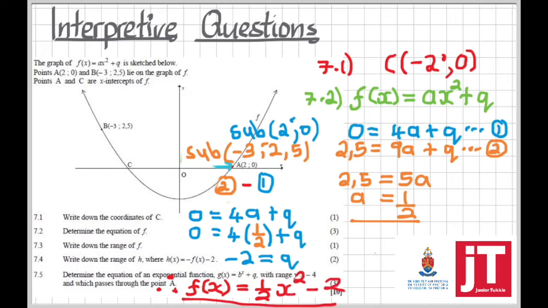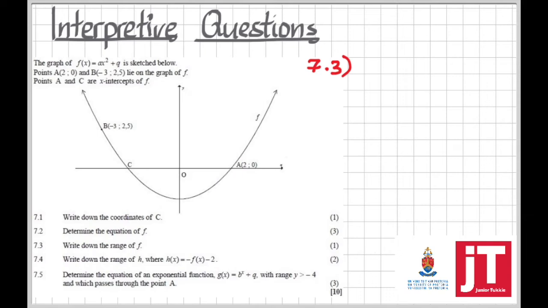We move on to 7.3, the next question. In 7.3, they say write down the range of f. Again, it's saying write down. To determine the range of any parabola, our focal point is always our q value. It would be either greater than or equal to our q value or less than or equal to our q value, depending on our a value.